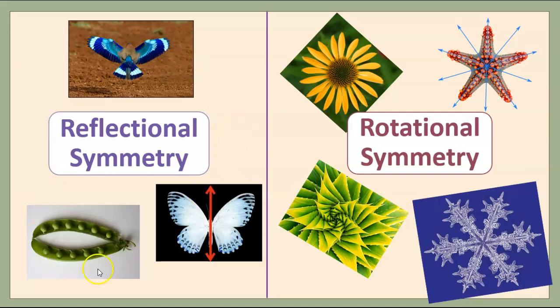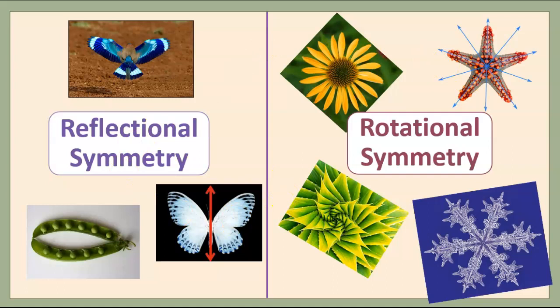We tend to think of reflectional symmetry first because that's just what comes to mind, mirror images. But rotational symmetry, you can see, you can rotate like this flower up here or this starfish. If you rotated it, you'd have it land on itself several times until it got all the way back around, and then it would land on itself again.